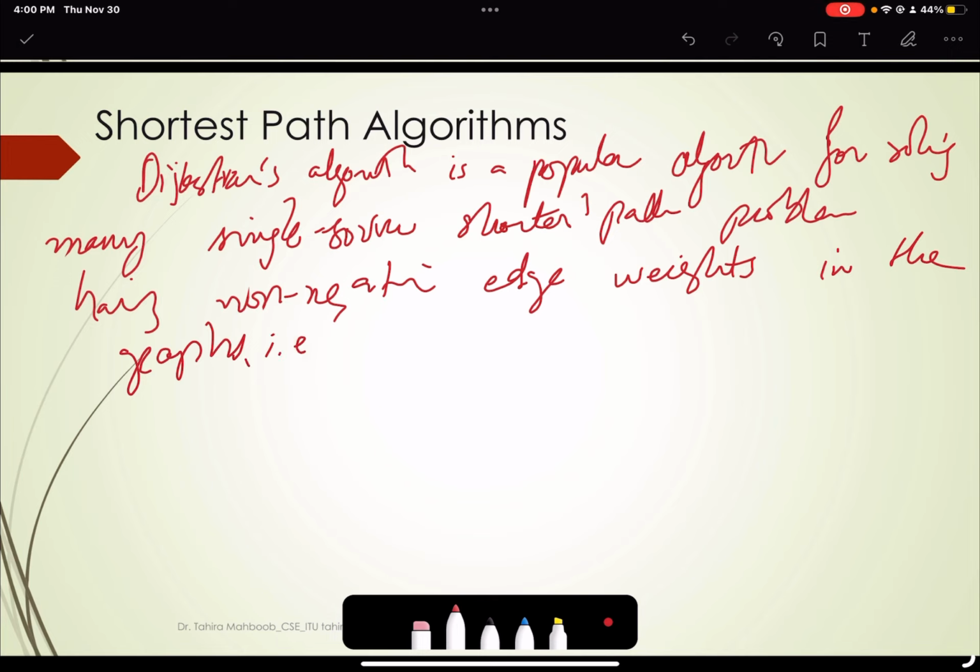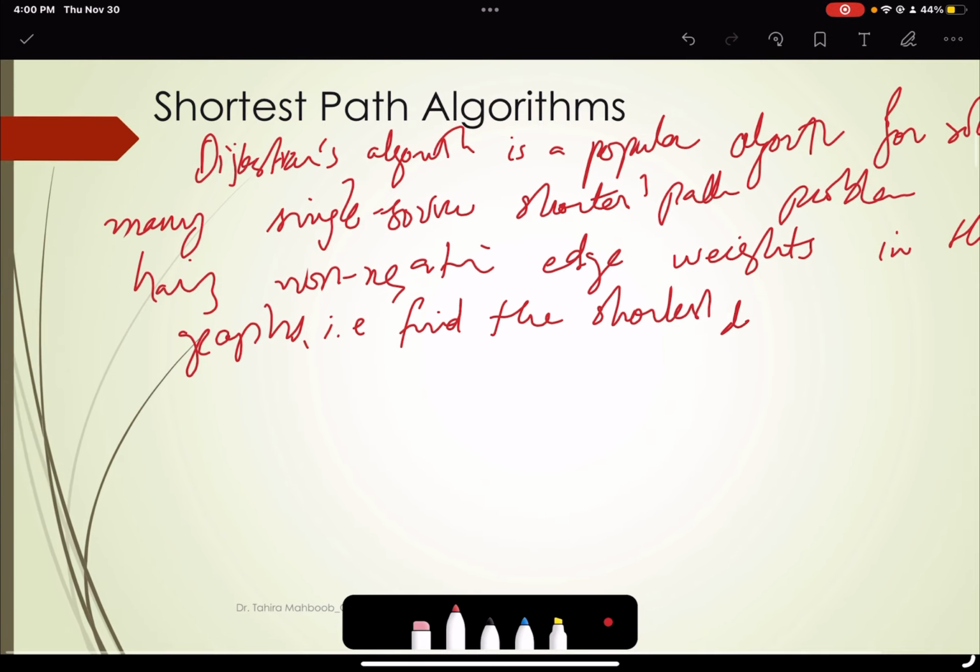That is, we have to find the shortest distance between two vertices on a graph.